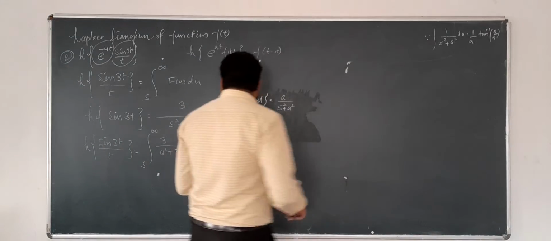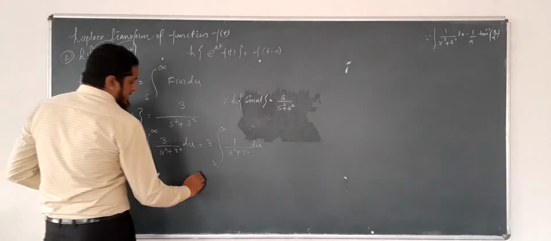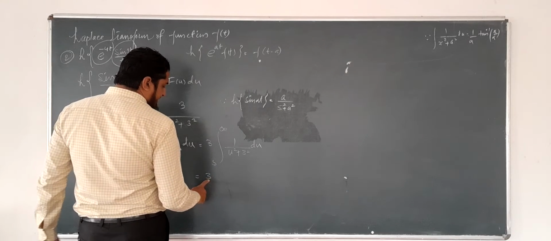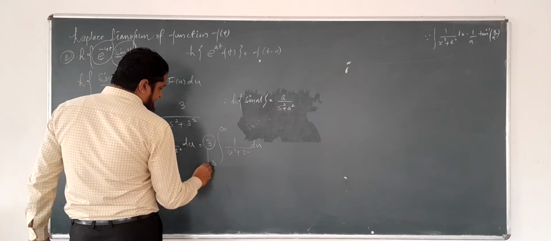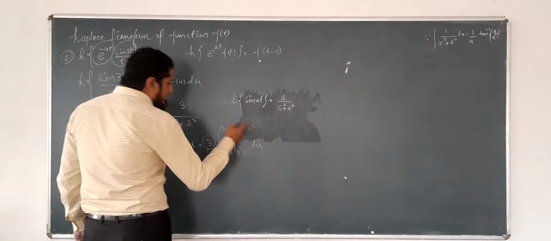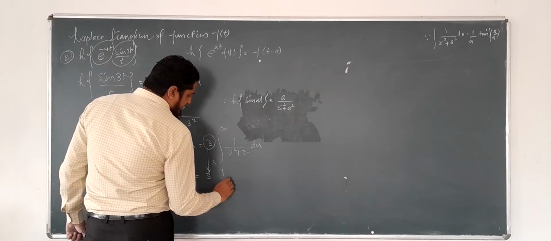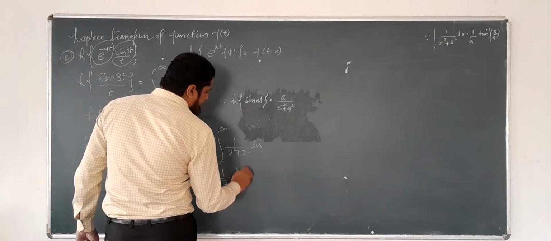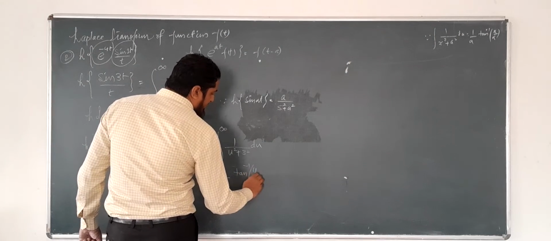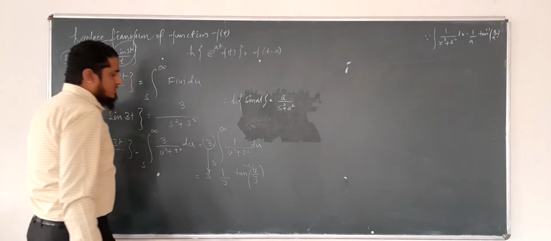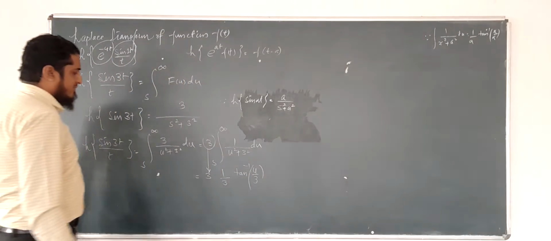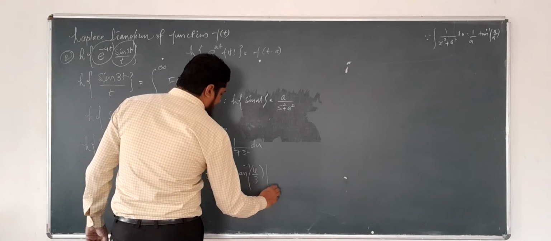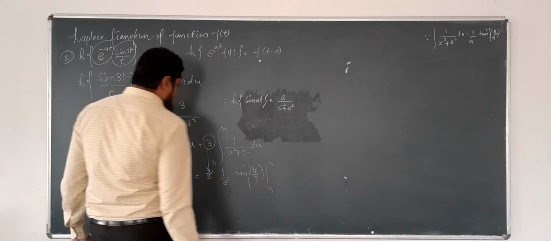So we can take the result from that formula. We will get 3 as it is. Then from this, 1 upon a means 1 upon 3, correct? And tan inverse of u upon 3. So the 3 gets cancelled, and the limits are s to infinity.